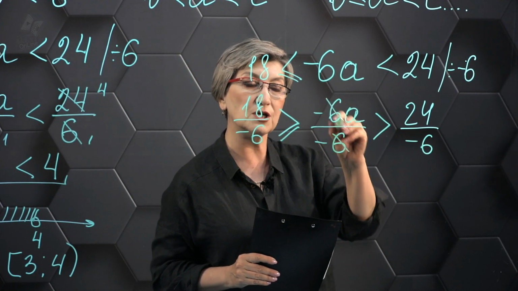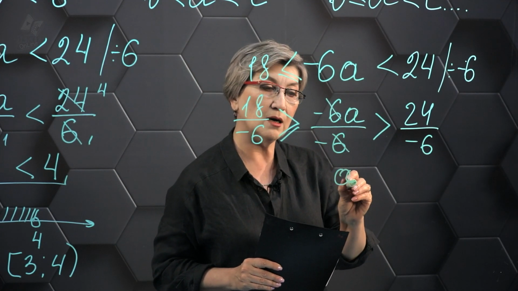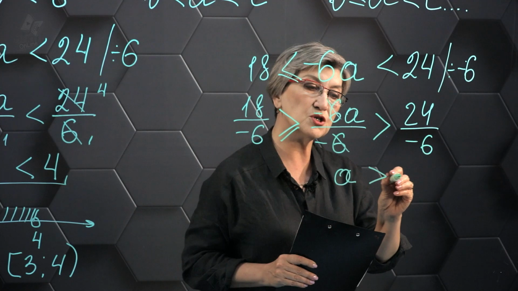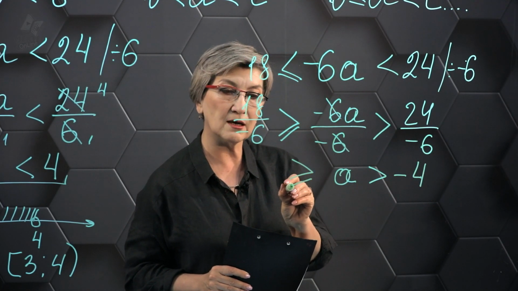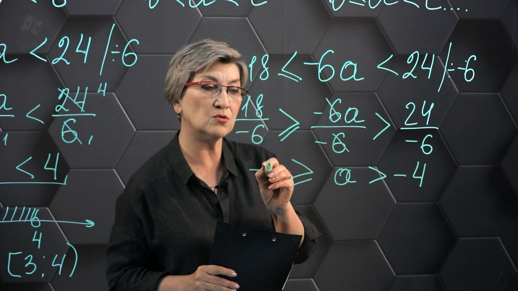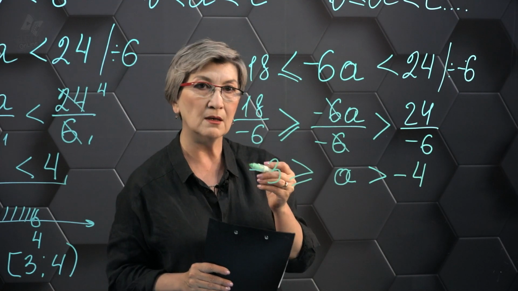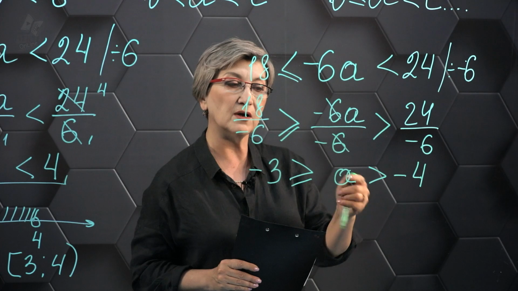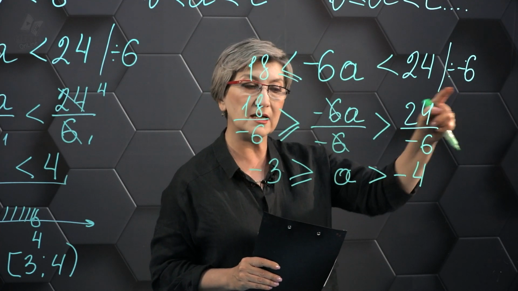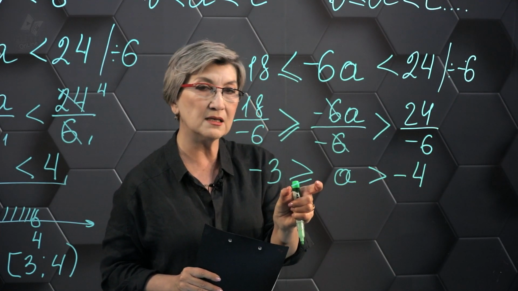What do we obtain? It turns out that a is greater than minus 4, but less than or equal to minus 3. Keep in mind that while solving this inequality, I flip the signs when dividing by a negative number.